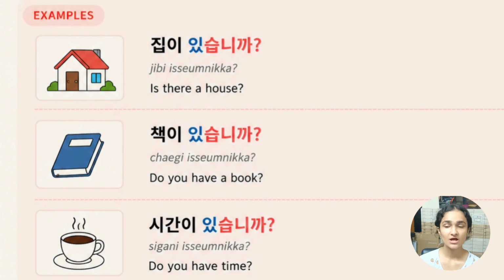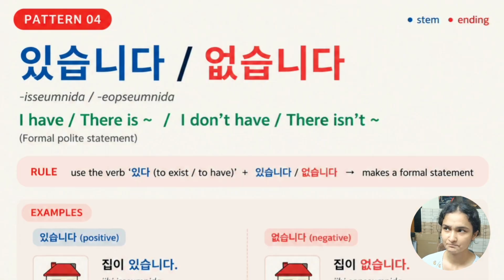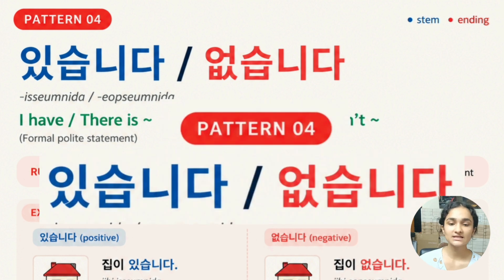So this was another sentence ending, a question ending. Now, how do we answer it? When someone asks you a question, definitely you're going to answer it. To answer questions ending with 있습니까, you have to use the expressions 있습니다 and 없습니다.